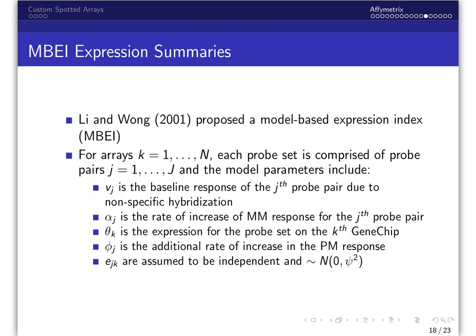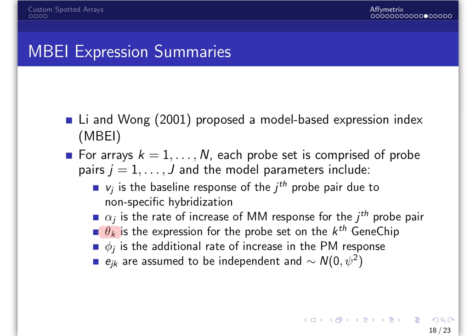Therefore, to account for this strong probe affinity effect, Li and Wang proposed a multiplicative model where for each probe set on the kth array and for the jth probe pair for the probe set, the model parameters include V sub j, which is the mean intensity of the jth probe pair due to nonspecific hybridization. Alpha sub j is the rate of increase of hybridization due to the jth mismatch probe.